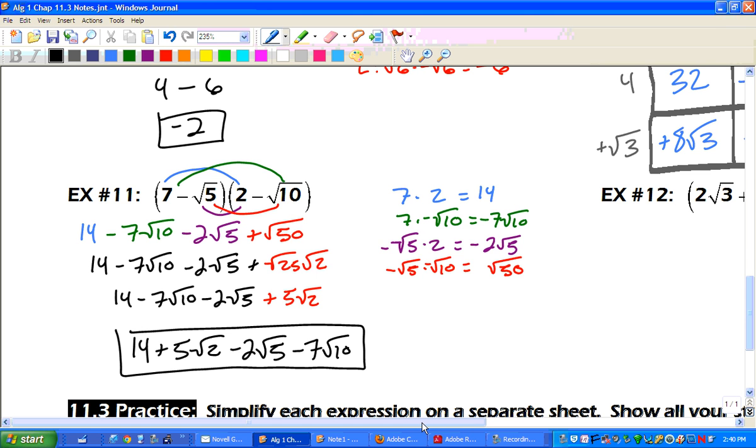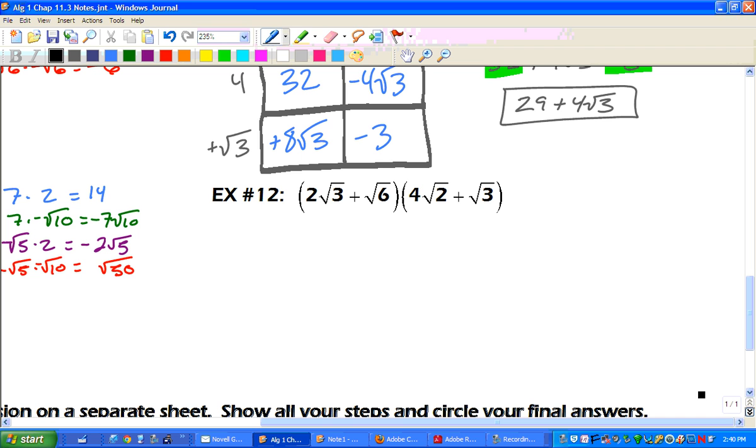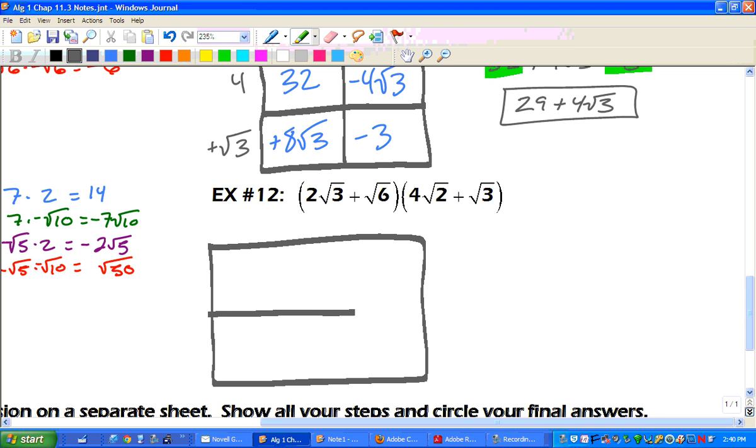All right, last one, number 12. Let's go ahead and do the box method. Oh, 2 root 3 plus root 6, 4 root 2, root 3.